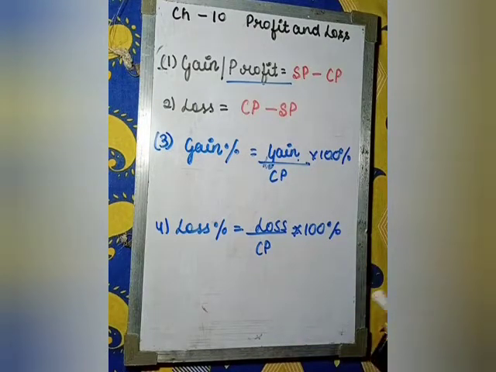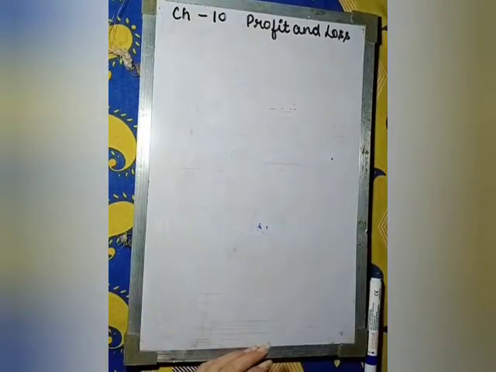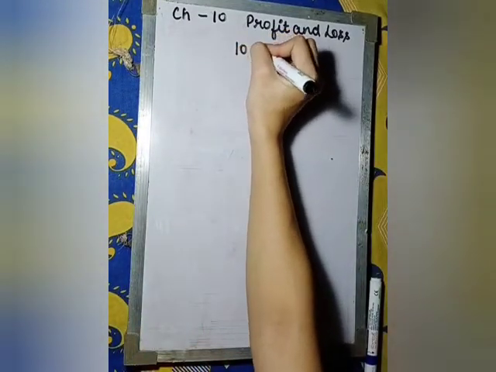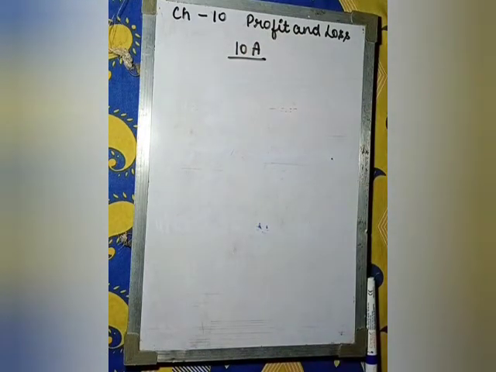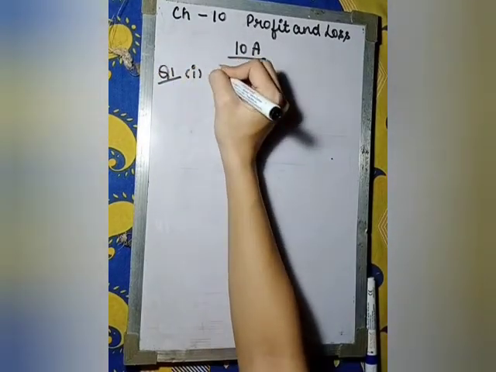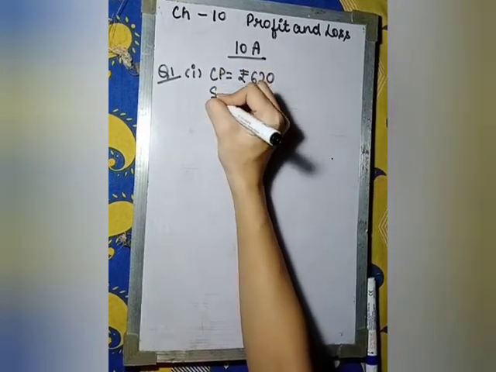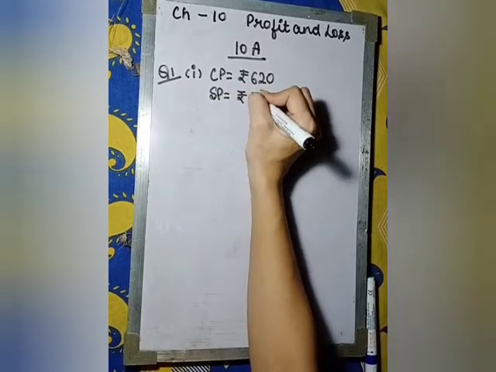Okay, now we will start doing the questions of exercise 10A. Open your books and see question number 1. Question number 1 is saying CP equals rupees 620 and SP equals rupees 713.